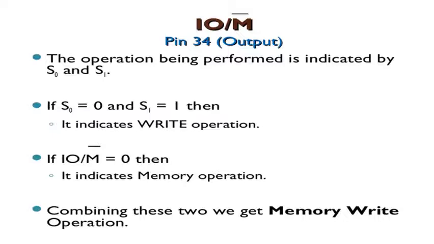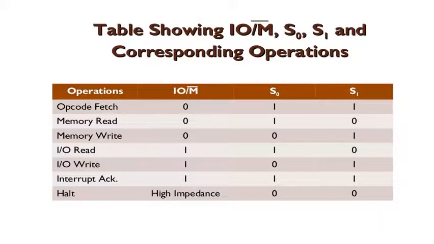If S0 is equal to 0 and S1 is equal to 1, it indicates write operation. If IO slash M bar is equal to 0, then it indicates memory operation. Combining these two, we get memory write operation. This table shows the operations of IO slash M bar, S0 and S1.